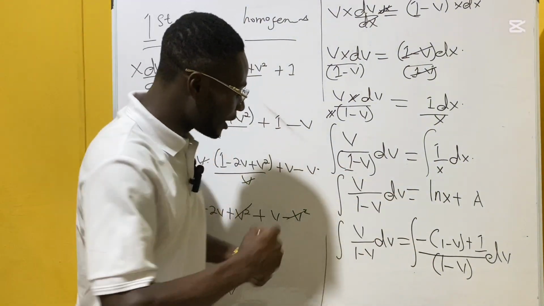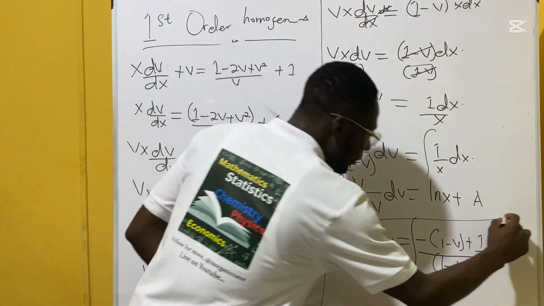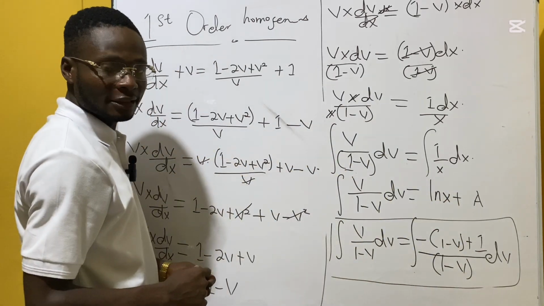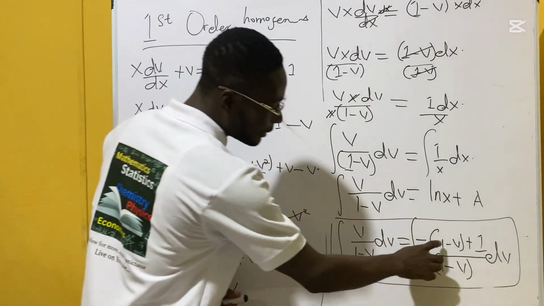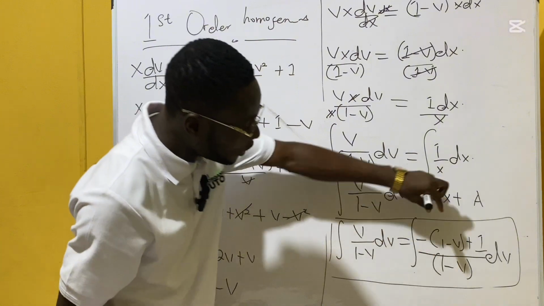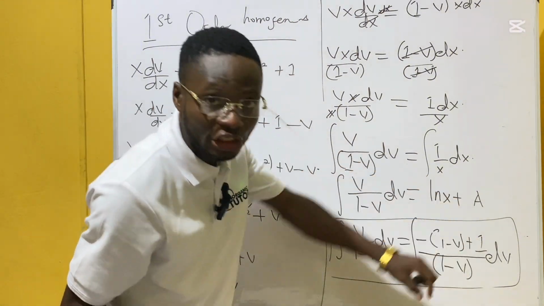Okay, so once we have been able to manipulate this algebra, then here we are now going to separate this with the denominator.